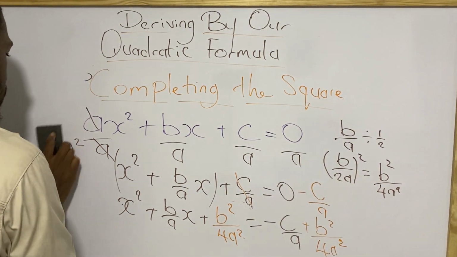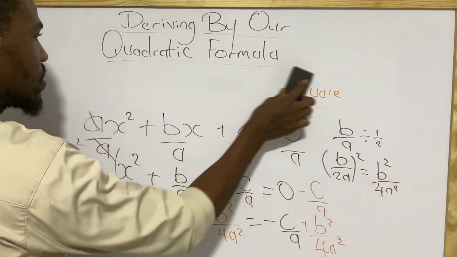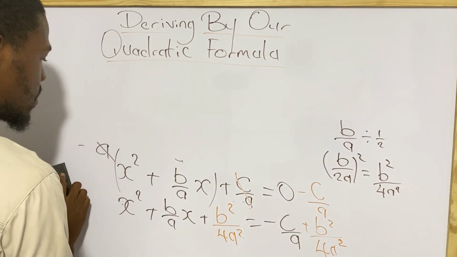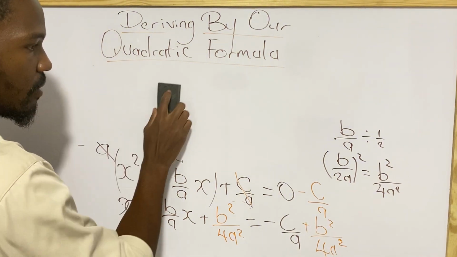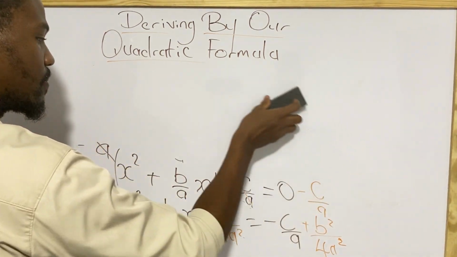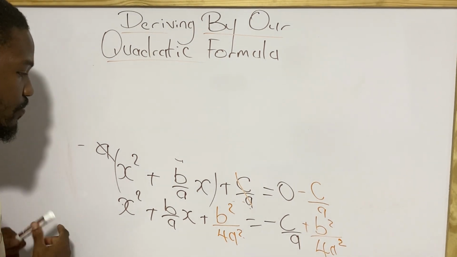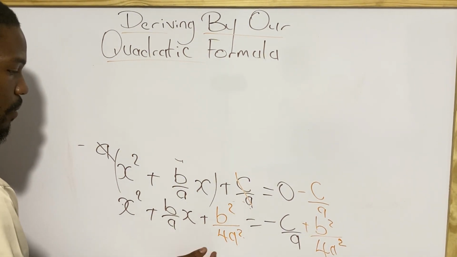So, just to make some space, I'm going to erase what I have here, so we can see what we're working at. All right, with that being done, we can now look at our work.